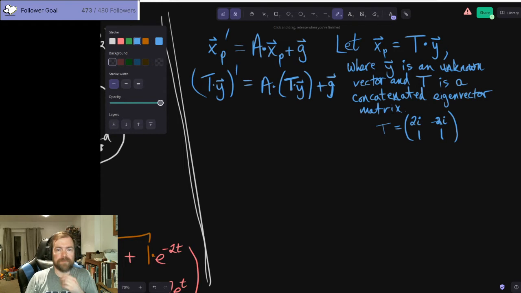Okay. So, I mean, you could try multiplying stuff. T is an eigenvector matrix. Mm-hmm. That's what we're doing. Okay. Yep. So one thing you could do is try to diagonalize things.